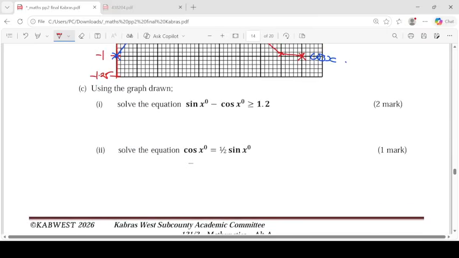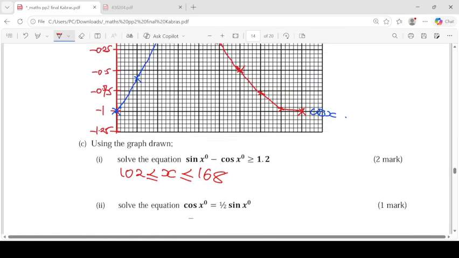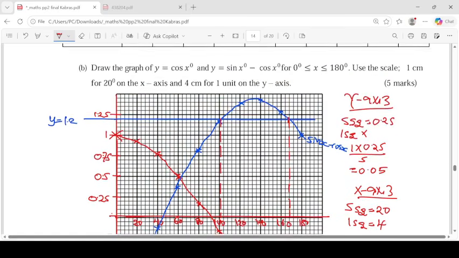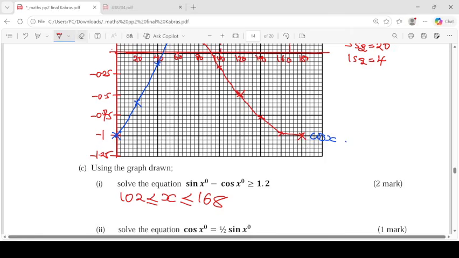So solving this, the values of x: 102 less than x, which is less than 168. All the values of x within that range. Should it really be less than or equal to? No, it should be less than, not the equal to. Yes, those are the values.